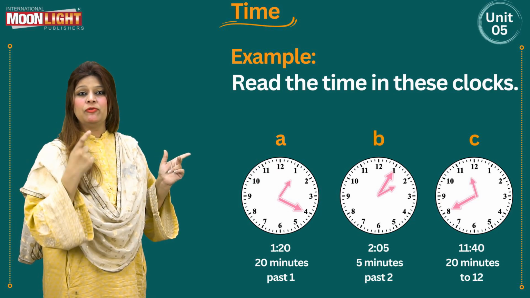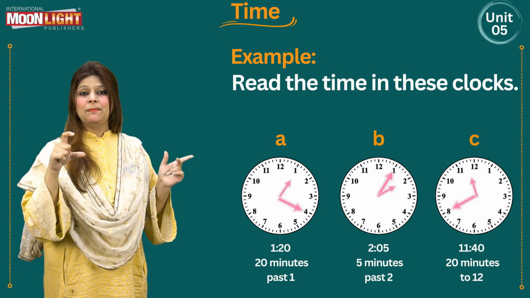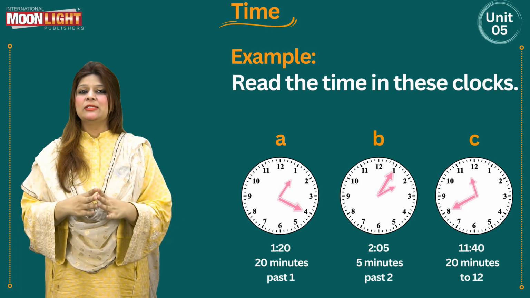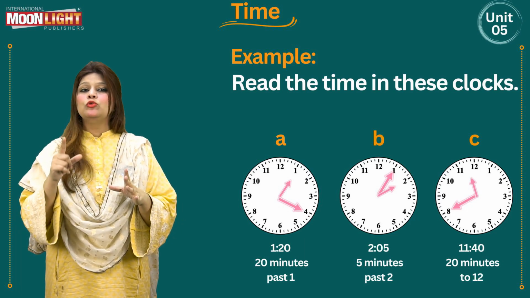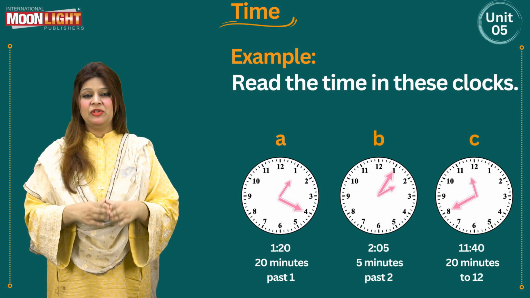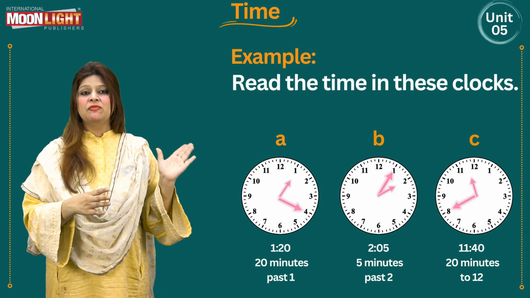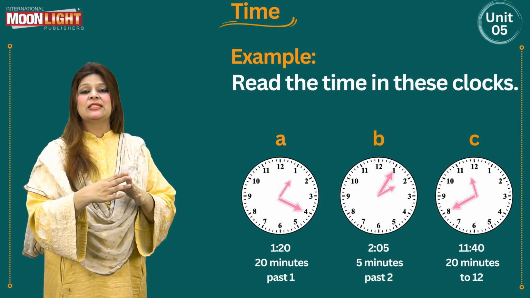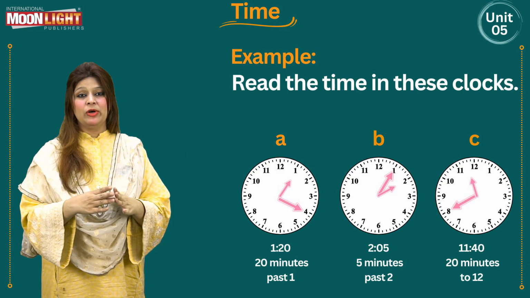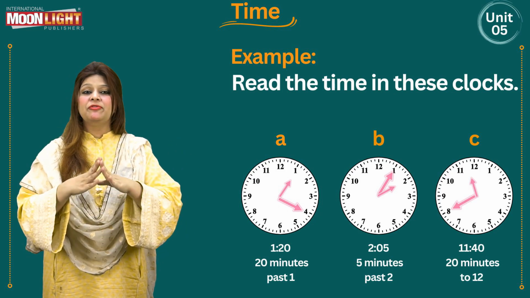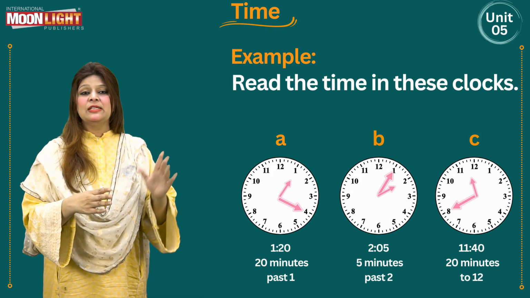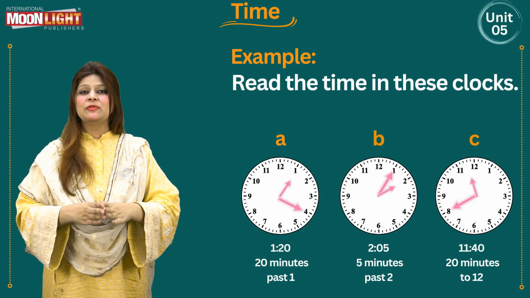This is actually on 4, but because we are jumping by 5, if you count from 12 to 1, this is 5, to 2, this is 10. Then we say this 3 is 15, this 4 is 20, this 5 is 25, this 6 is 30, this 7 is 35, this 8 is 40, this 9 is 45, this 10 is 50, this 11 is 55, and this 12 is 60.